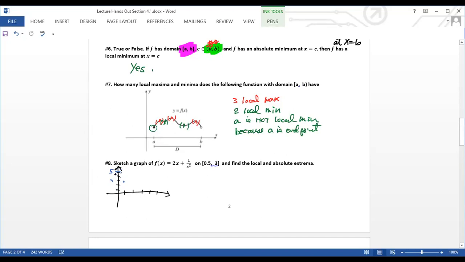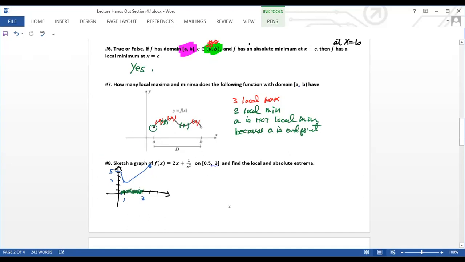So it's going down here, and then it goes up at x equal to 3, and I have a point here. This is my 3 and this is 0.5, so this is my domain: from 0.5 to 3.